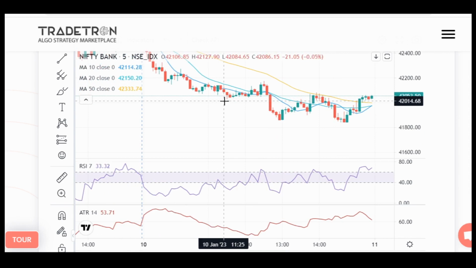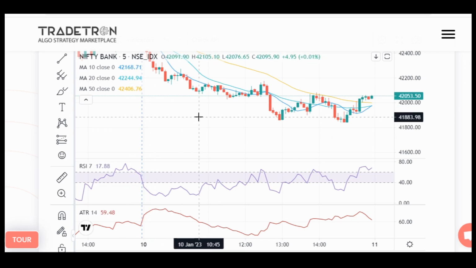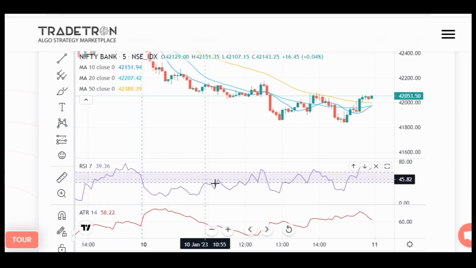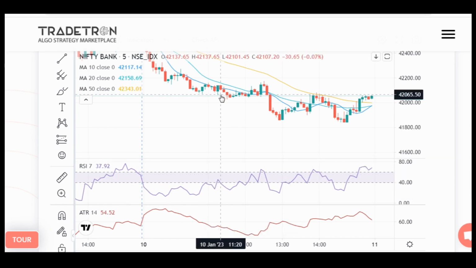As you can see, at the 11:20 candle we moved below this RSI 40 level. For all this time RSI was already below the 40 level, right? Then it again crossed above 40 and then again crossed below 40. So on the 11:20 candle our condition got satisfied, and it is our trigger candle as well.